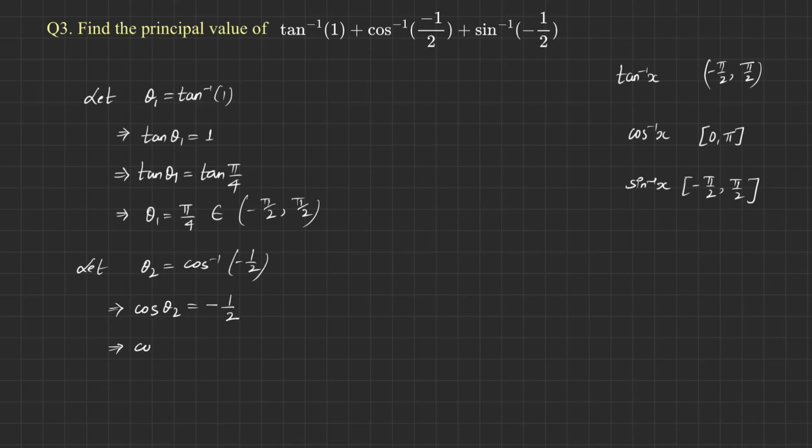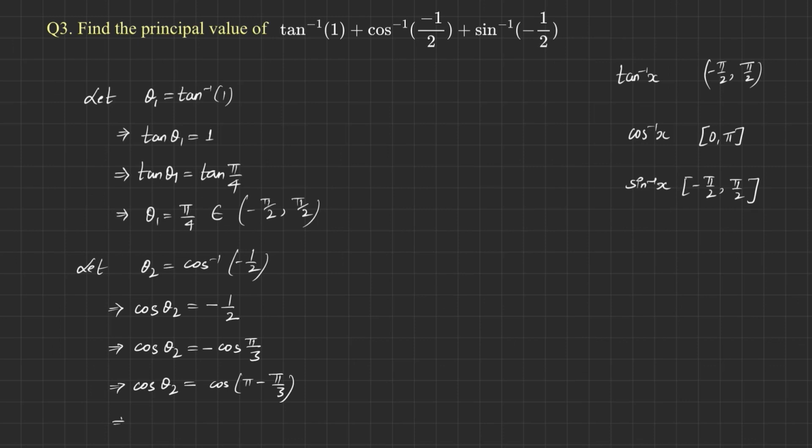This implies cos theta 2 equals minus cos 60, that is 1 by 2, and cos 60 means pi by 3. Here we have to remove the minus sign. You cannot directly write theta 2 as pi by 3, okay? So now see here, you can write cos of pi minus pi by 3, because in the second quadrant cos is negative.